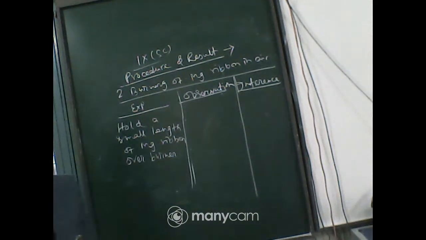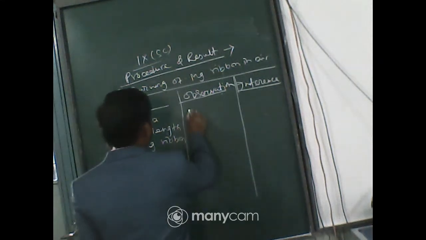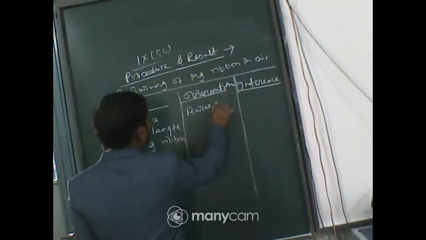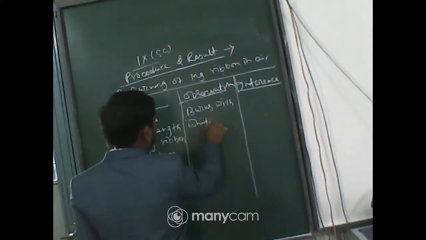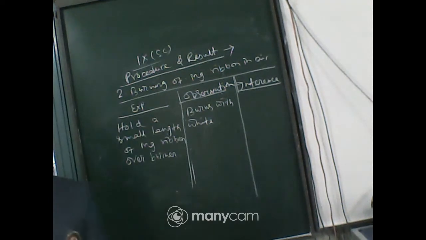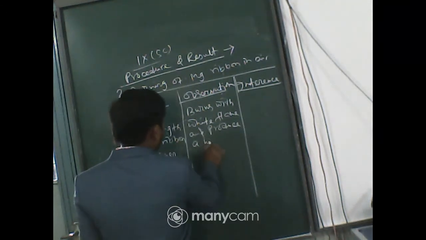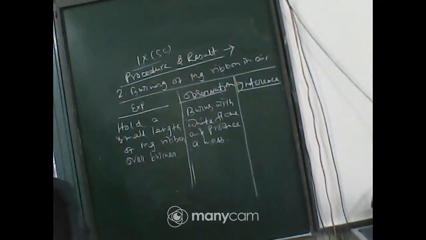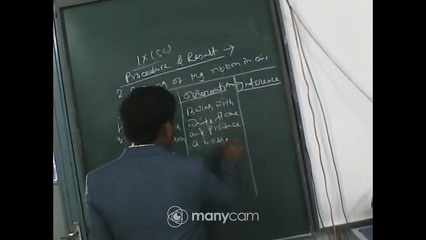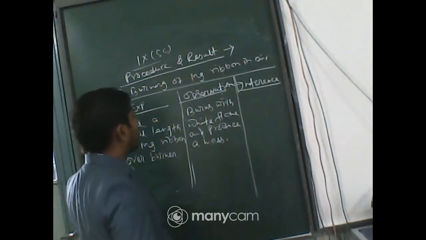In the observation column: burns with white flame and produces a mass. Okay. Now, inference.